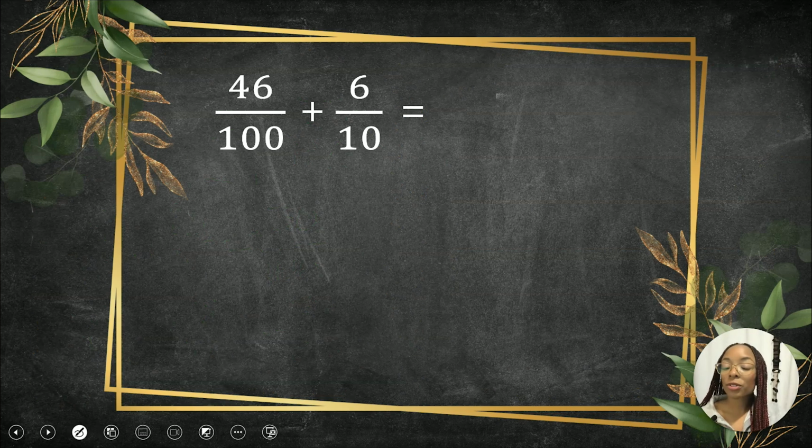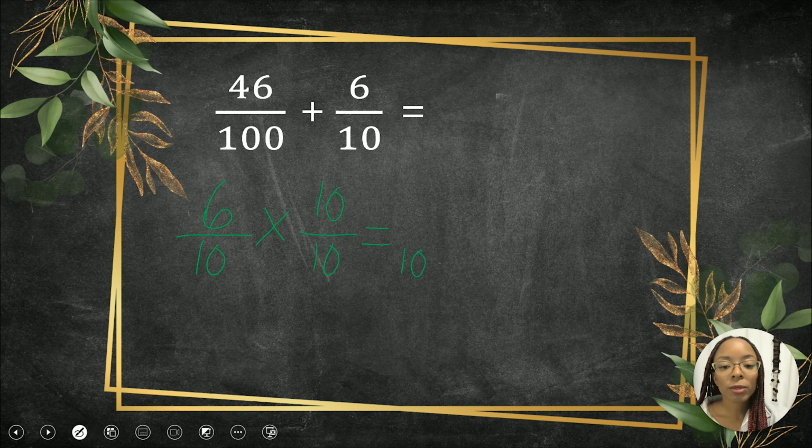We're going to try this one more time. And this one's going to be a little trickier. So we have 46 hundredths plus 6/10. Once again, we want to turn 6/10 into an equivalent fraction whose denominator is 100 by multiplying both parts of the fraction by 10.